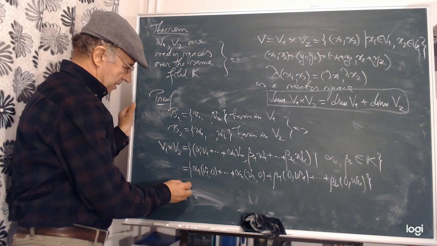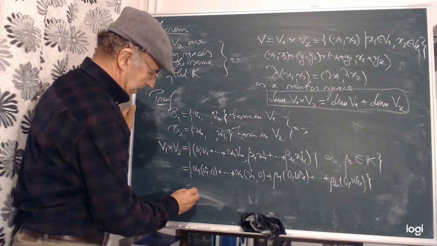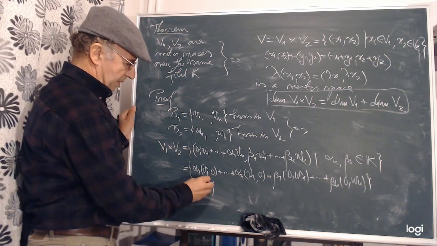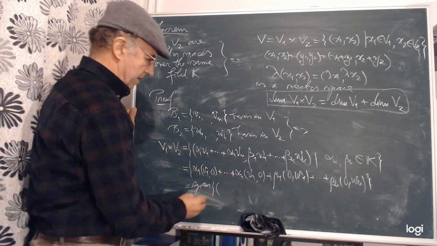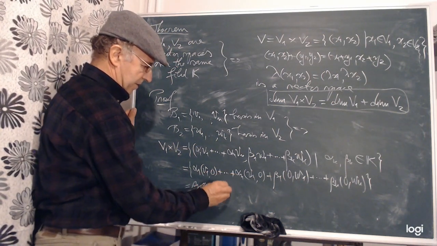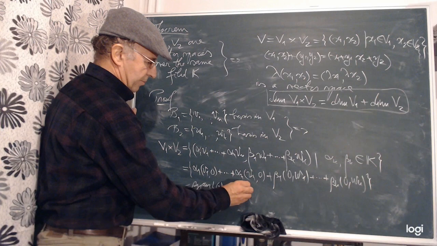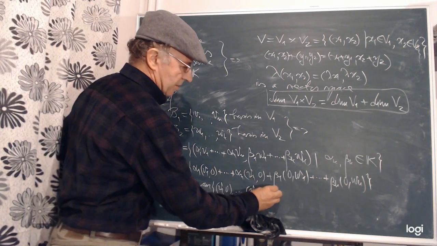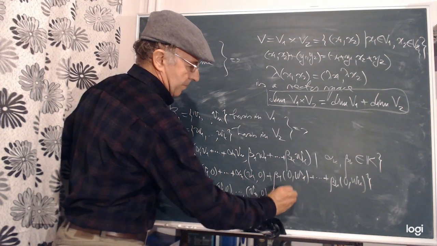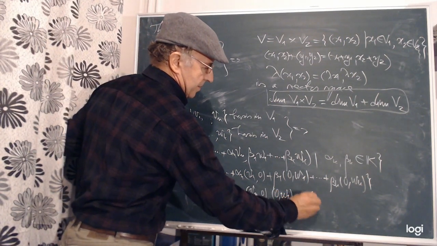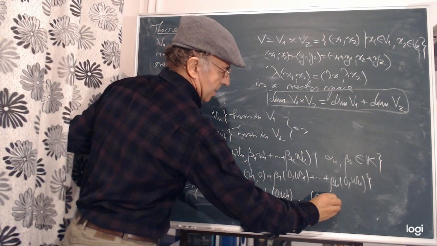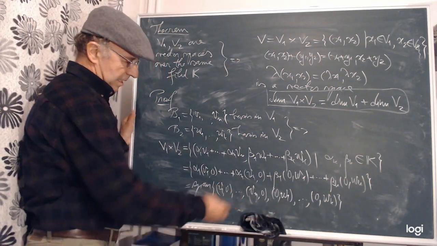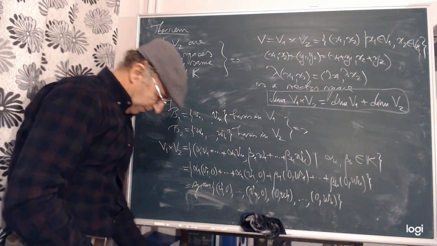So it is the span of the set containing these vectors (v1, 0) up to (vn, 0), (0, w1) up to (0, wk), and this is a linearly independent set of vectors.